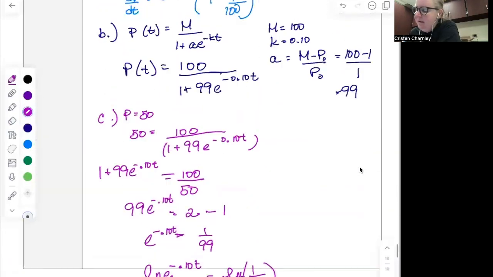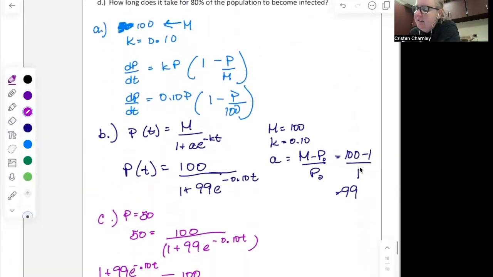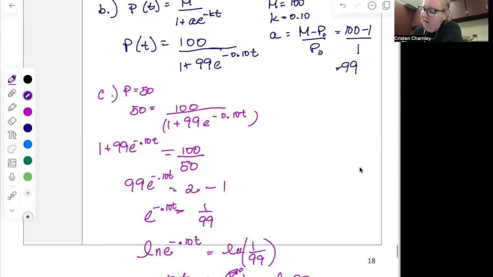All right, last part. D, how long does it take for 80% of the population to become infected? So this is very, very similar to letter C. But this time, instead of half the population, we use 80% of the population, equal to the same logistic function. And we go through the same steps.